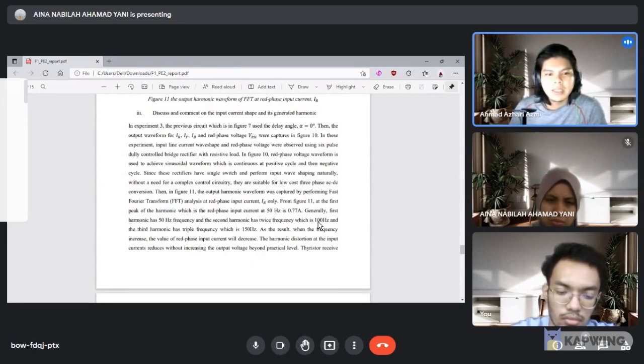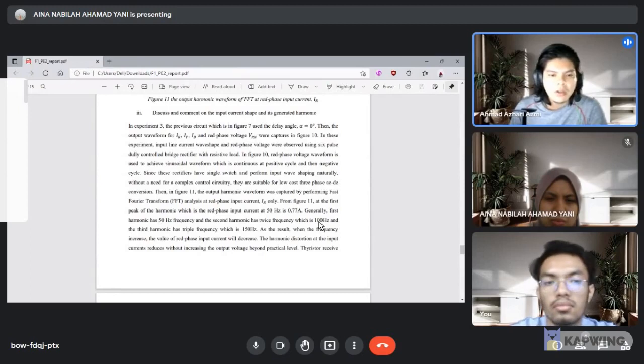In figure 16, the red phase voltage waveform is sinusoidal, which is continuous at the positive cycle and then negative cycle. Since this rectifier has a single switch and performs input wave shaping naturally without a need for complex control circuitry, it is suitable for low-cost three-phase AC/DC conversion.